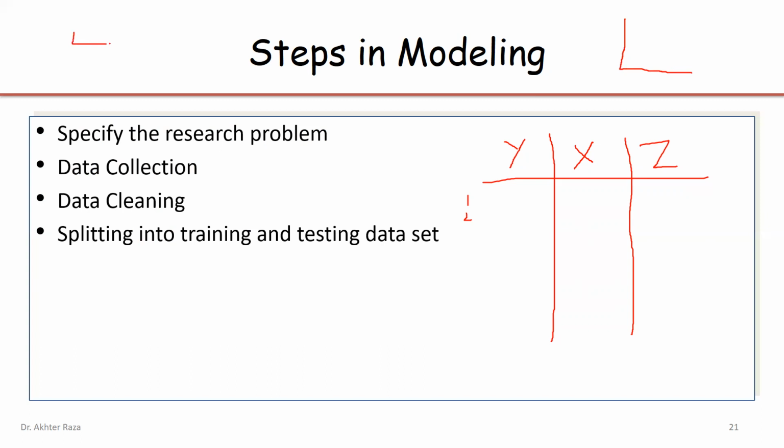The box plots are to be constructed for all variables under consideration. Box plot for X, box plot for Y, box plot for Z, and the scatter plot between X and Y, scatter plot between X and Z, and scatter plot between Y and Z. So three scatter plots will be there, and three box plots will be there.